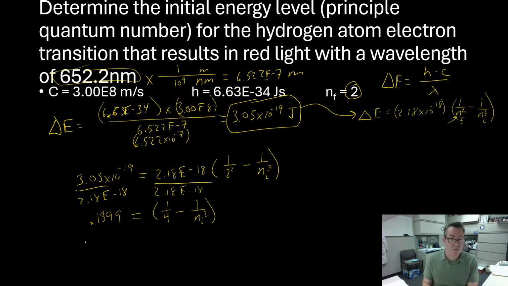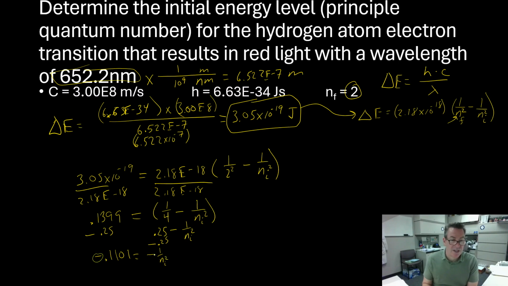Another way you could write this is as 0.25 minus 1 over ni squared. And so to move the 0.25 over to the other side, I'm going to subtract 0.25 from both sides. When you do that subtraction, that comes out to negative 0.1101, and that's equal to the negative 1 over ni squared.